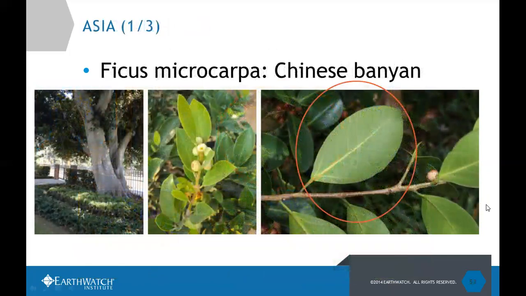Moving on to the Asian species on our list, we have the Chinese banyan, also known as the Indian laurel fig, if you're looking at different inventories. This is a really common street tree, so you will probably see this around quite a bit. It's distinguished by its white or gray white smooth bark, and it has a lot of very waxy dark green leaves.